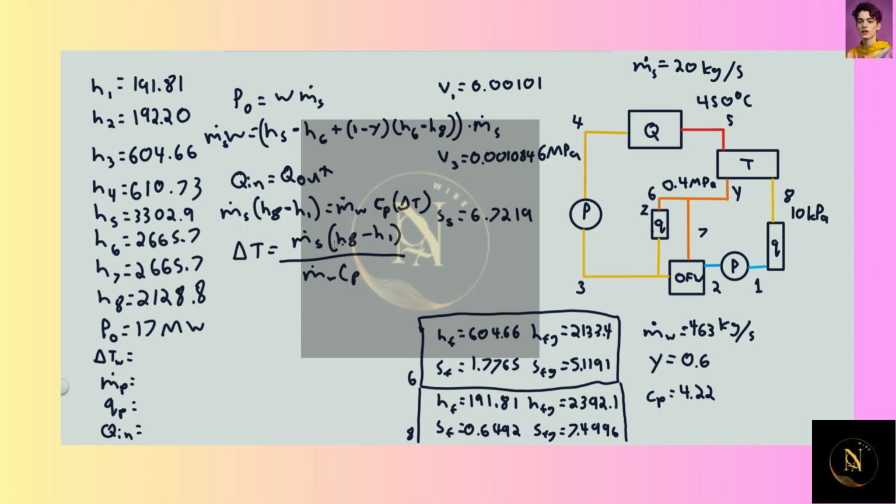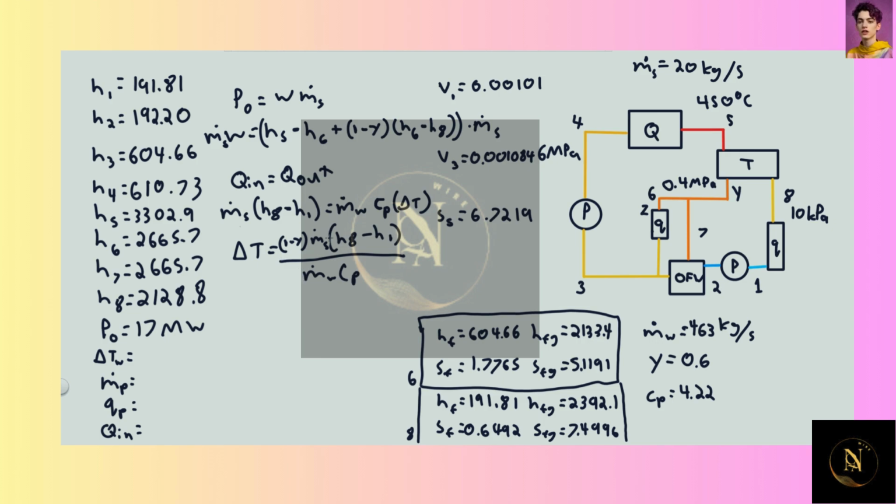But we have to remember here that the mass flow rate of the steam isn't the full picture, because 60% of the steam has been extracted back here. So actually what we're looking at here is (1 minus y) times our ms for the top.